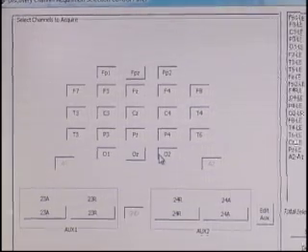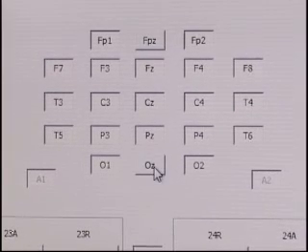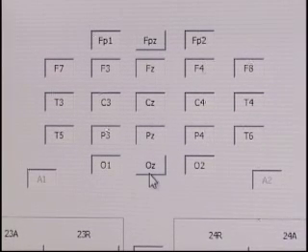These are the 19 channels which are the 1020 system. Again, FPZ and OZ are possible, but we're not going to acquire them this time. If you do want to acquire these, you can get a special cap with them wired, or you could wire them separately if you like.